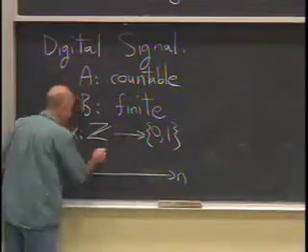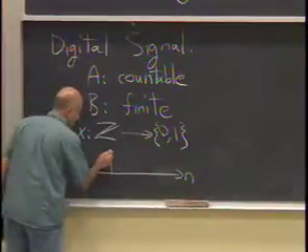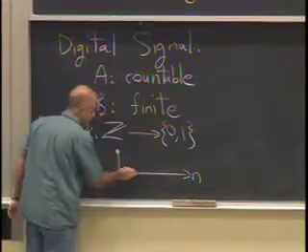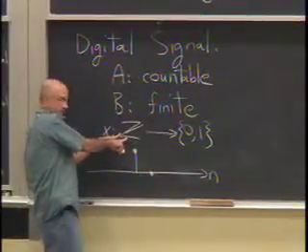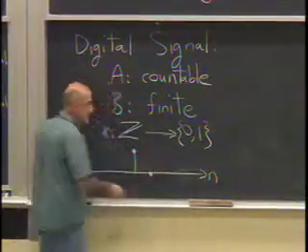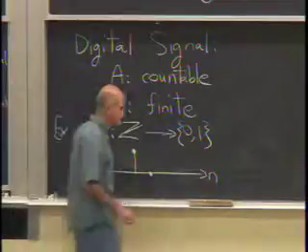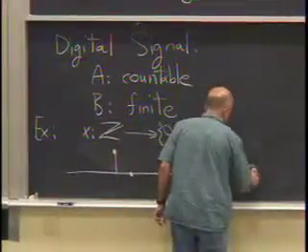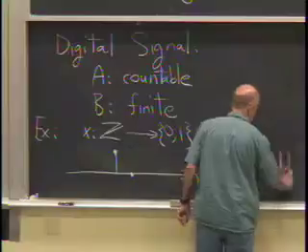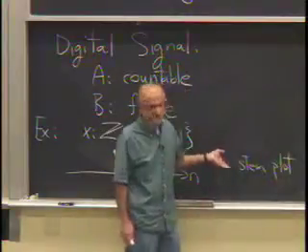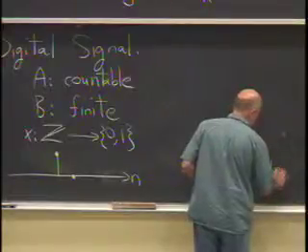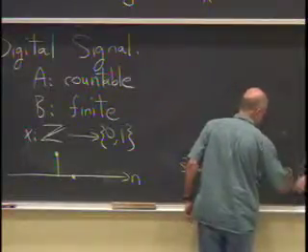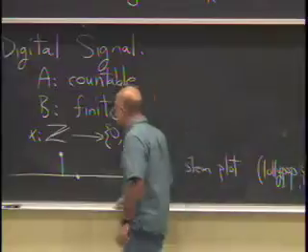So the way we plot signals that take on a countable domain is by what we call a lollipop plot or a stem plot. This is a stem plot. This is the more respectable name for it. But in this class, I won't dock you if you call it a lollipop plot.